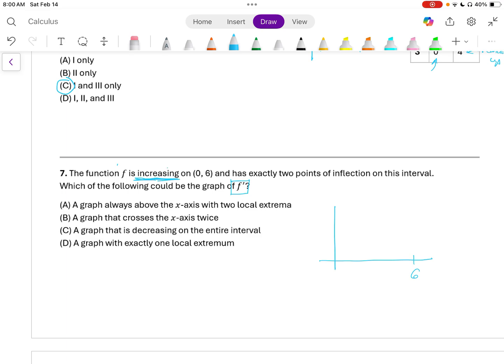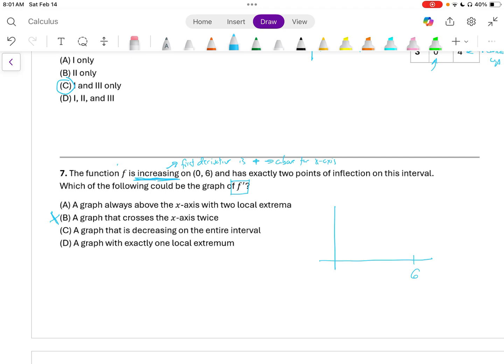So increasing tells us the first derivative is positive. And so that means the first derivative is above the x-axis. All right, so in this case, it has to be above the x-axis. So this is out. Okay, so that one's out.